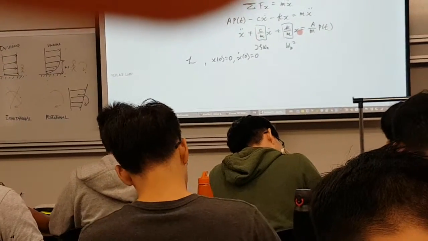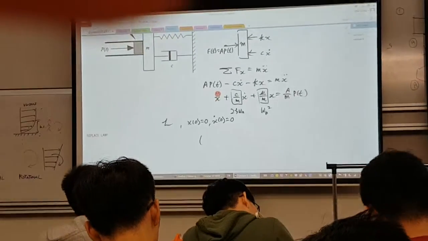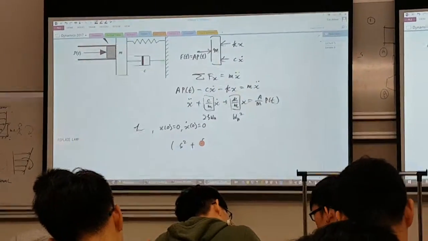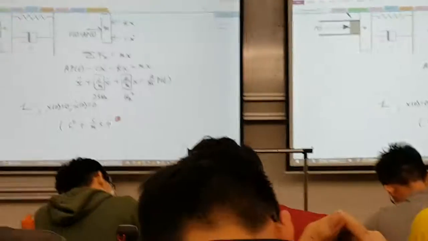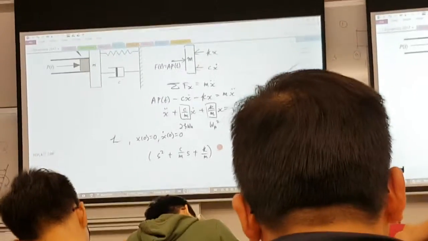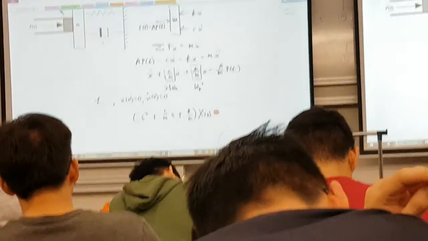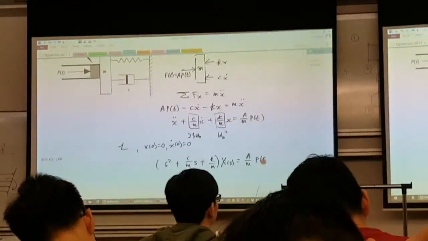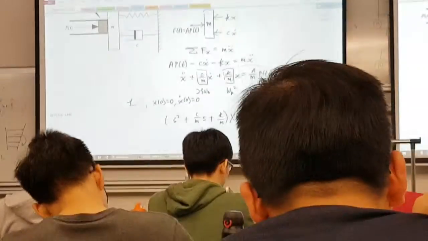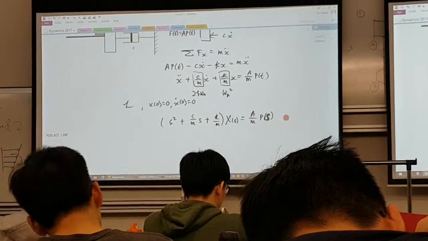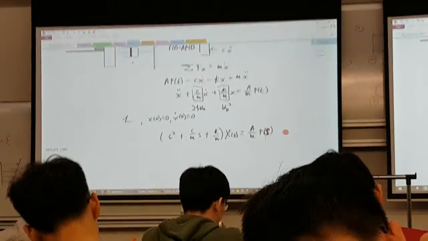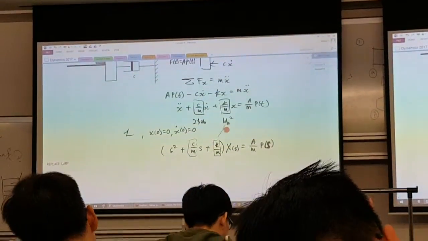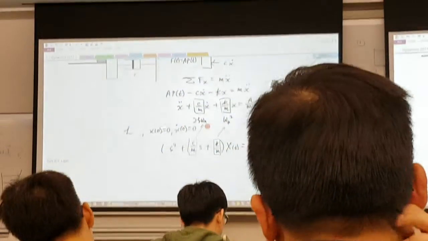Then the next line I'm going to write, this is x double dot, taking the Laplace, s squared, plus I'll keep this, and then s, plus I'll keep this, and then the whole thing multiplied by X(s) equal to A over m P(s). So this part here, again, is respectively omega n squared and 2 zeta omega n.